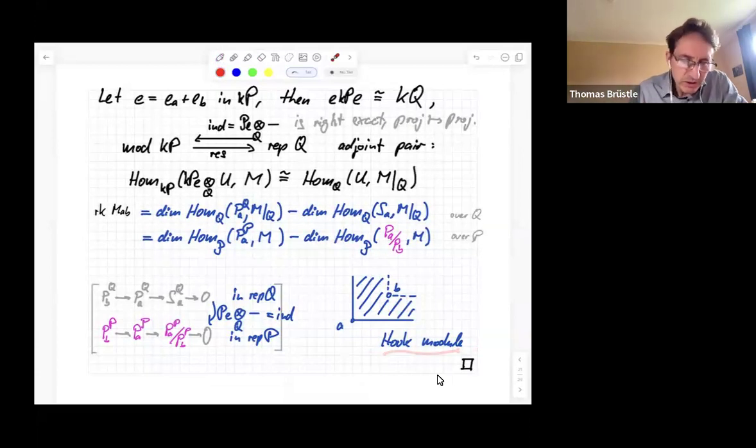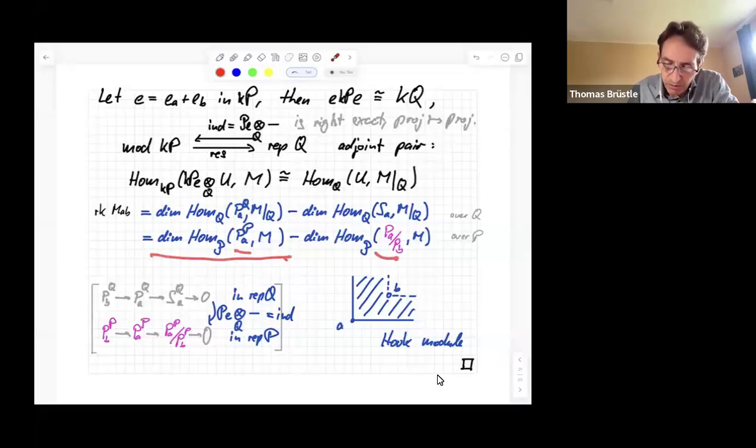So really what it tells us is: when I know the dimension of the Hom space in P from the projectives and from the hook modules, then I compute this difference and then I compute the rank for every pair of indices A and B.